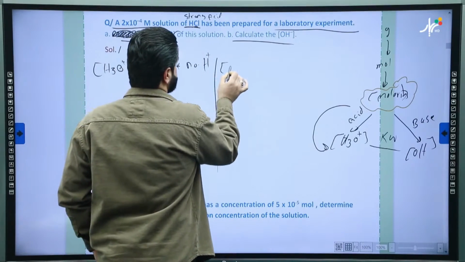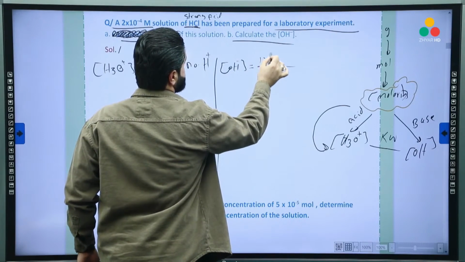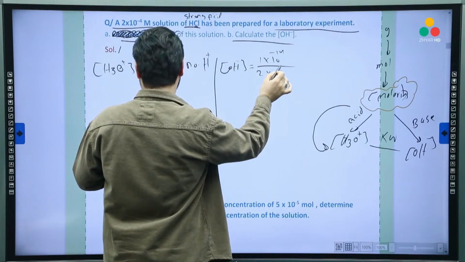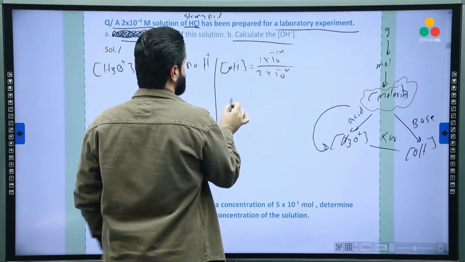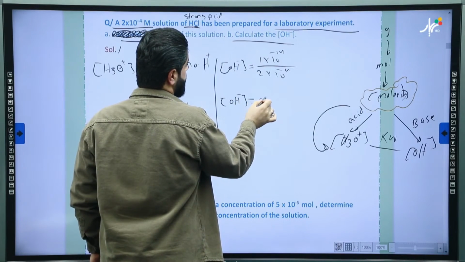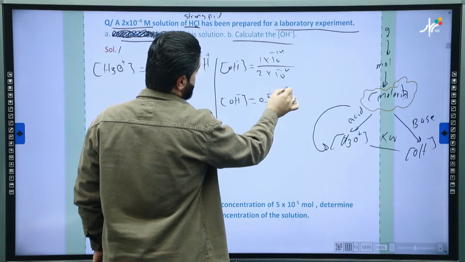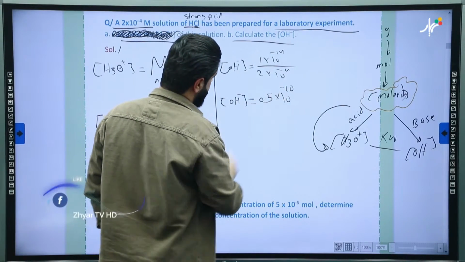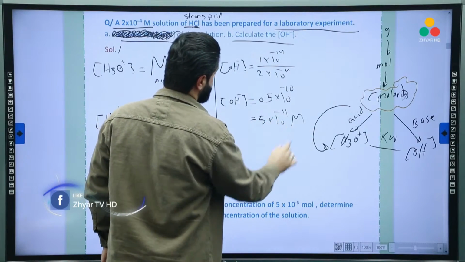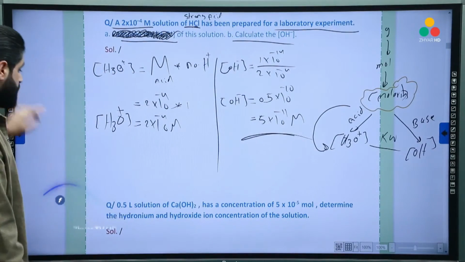So OH equals 1 times 10 to negative 14 divided by 2 times 10 to negative 4. So OH equals 0.5 times 10 to negative 10, right? So it will be 5 times 10 to negative 11 molar. This is the hydroxide ion concentration. It's very easy. Well, another question.